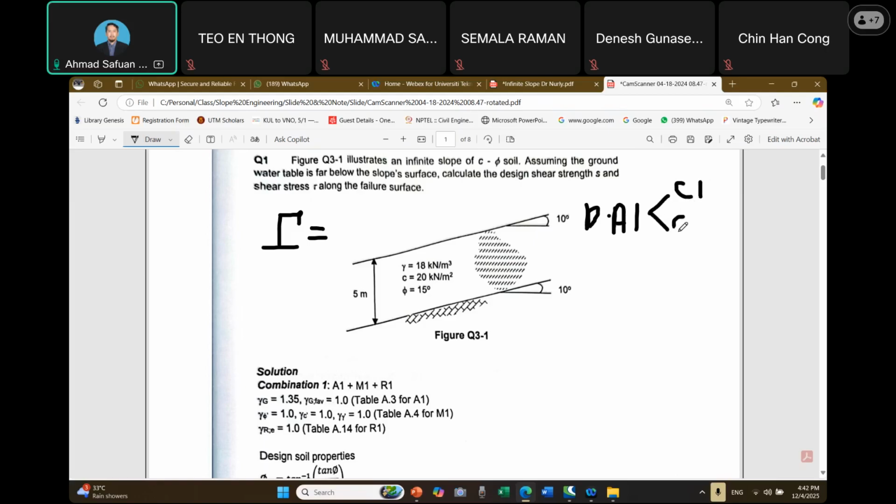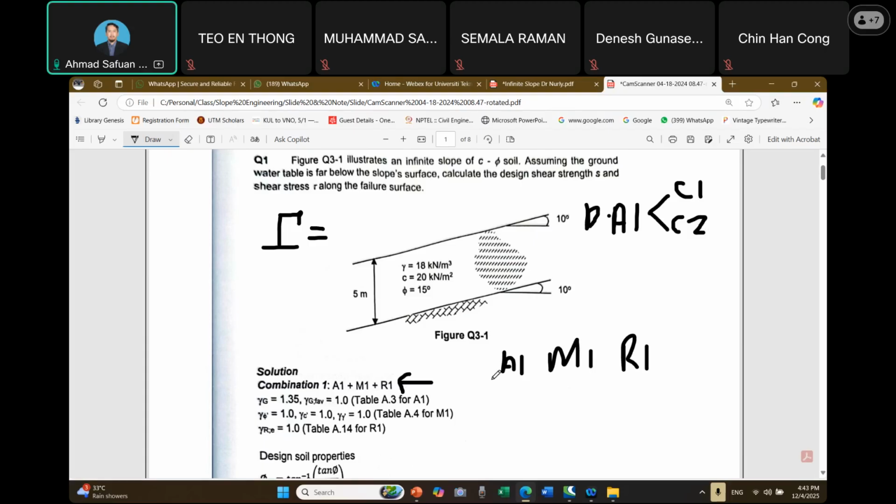For design combination 1, these are the parameters, or notations, or what we call partial factors of safety involved: A1, M1, and R1. A1 is considered as an action.